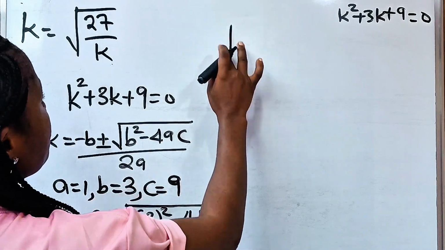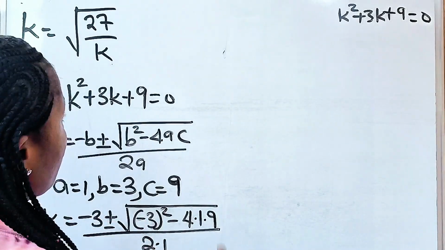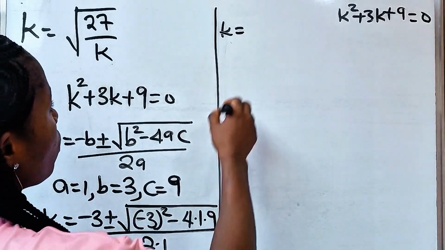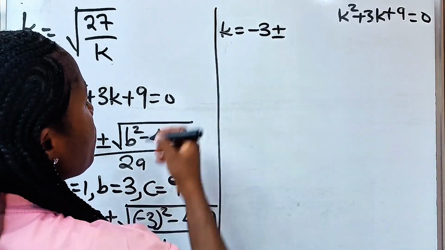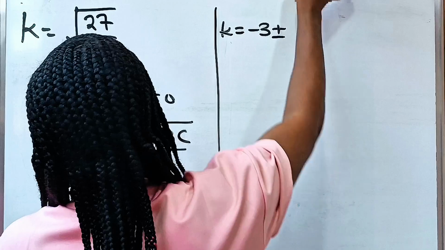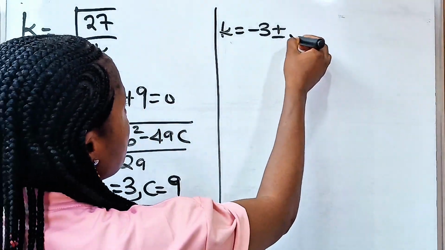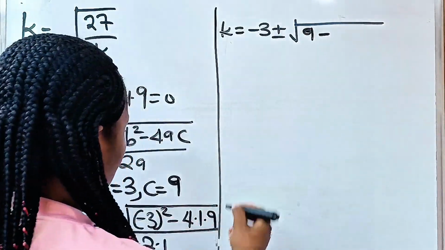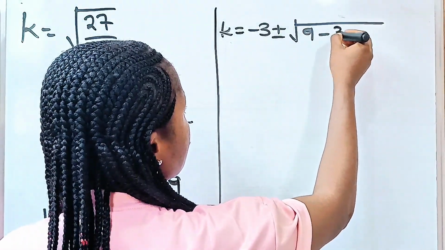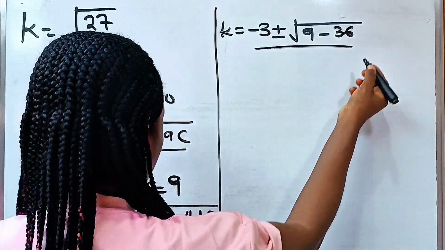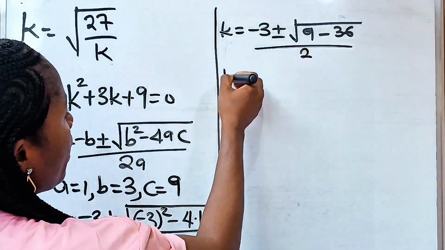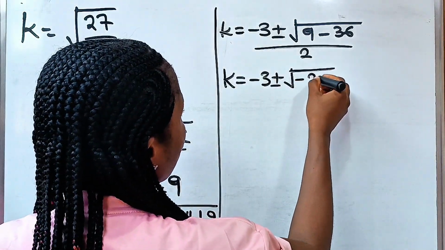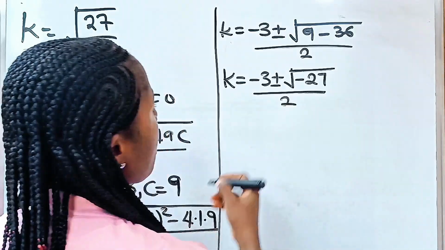So if we solve further, we'll have that k is equal to minus 3 plus or minus the square root of minus 3 squared, which gives us 9, minus 4 times 9, which is 36, divided by 2. So we have k is equal to minus 3 plus or minus square root of minus 27 divided by 2.